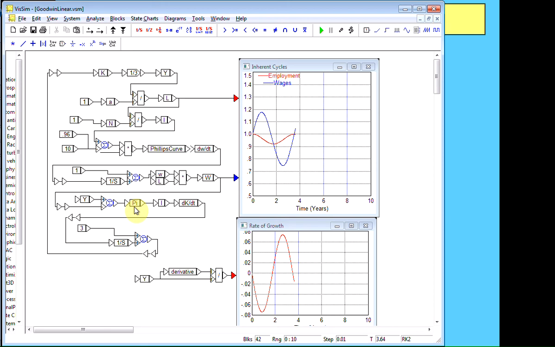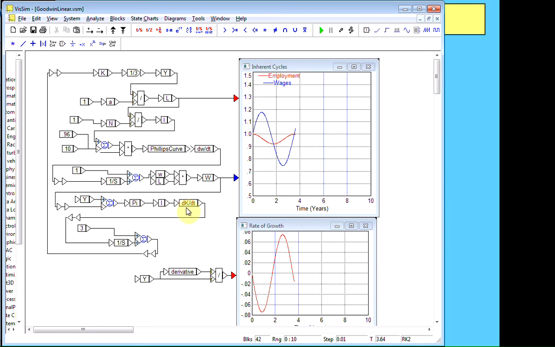Now again, in this very simple model, which Richard Goodwin put together in 1967, building a model that was verbally described by Marx in 1867, capitalists invest all their profits. When they invest all their profits, that means profits actually become investment.